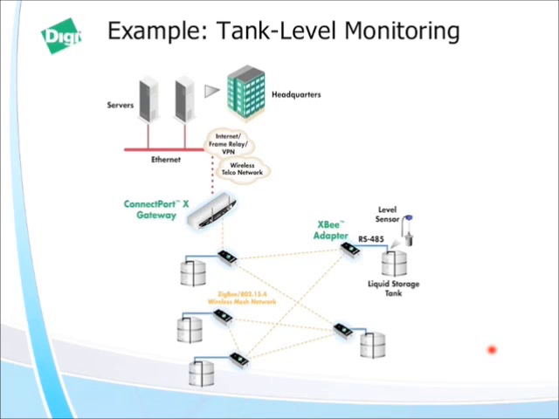I wanted to give an example also about what a ZigBee application actually looks like. If you've never seen one before and this is your first foray into it, this is a very, very typical solution from Digi that involves ZigBee. If we take a look here at the very top, we'll go from the top down.